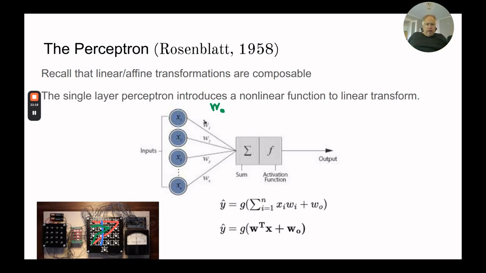So what do we have here? We basically do a linear transformation to calculate the sum. It's easy enough, right? But then we put it through a nonlinear function. In this case, we're going to put it through a sigmoid. Historically, it was the sigmoid function, which I'll define in the next slide.